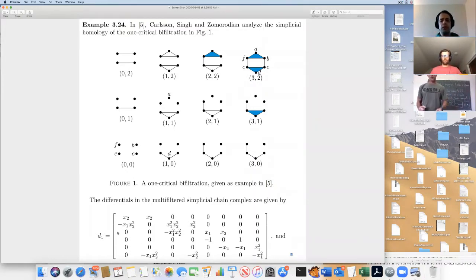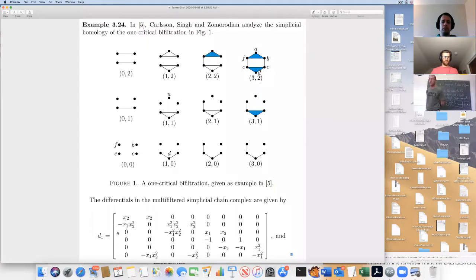If we look at our simplicial complex, we have 6 vertices and 8 edges, so I'm going to have a 6 by 8 matrix. The rows are labeled A, B, C, D, E, F for our 6 vertices, and I have 8 columns labeled for the 8 edges. I want to look at the very first column, which corresponds to the edge AB.